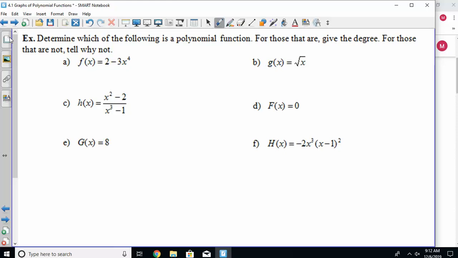If it's not, we need to tell why it's not. So the first one, would that be a polynomial? Yes. I don't have any variables in the denominator or under a radical, so it's a polynomial. The degree is the highest power of x. What would that be? 4.